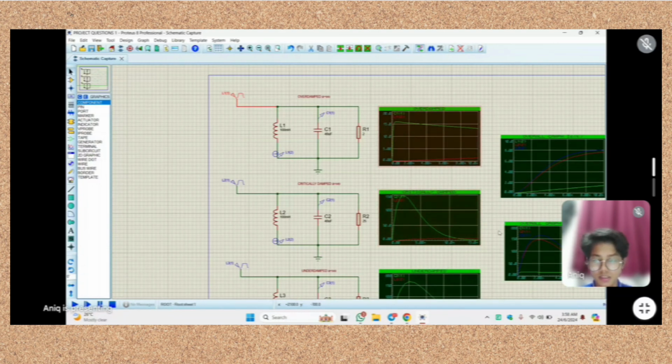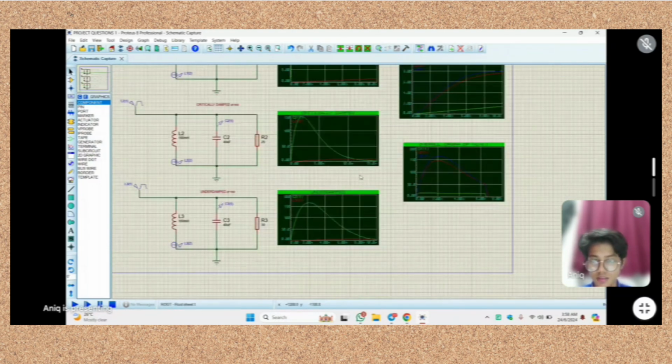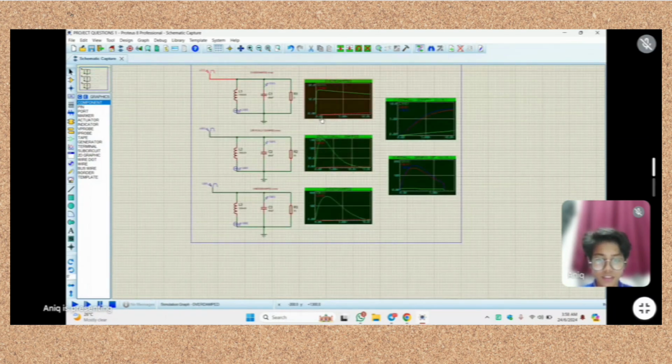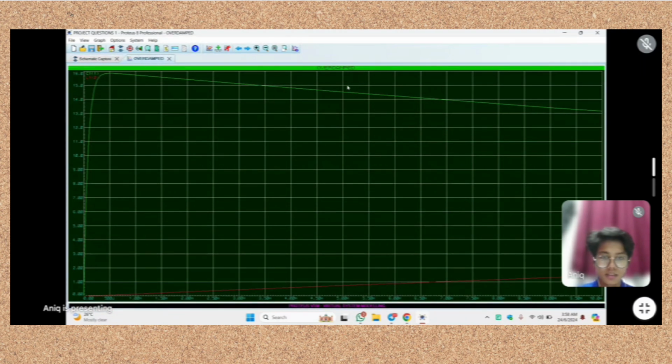As you can see here, with a different value of resistor, we change how the waveform looks. Like here, this is an overdamped waveform, with the highest being the voltage and the lowest being the current.